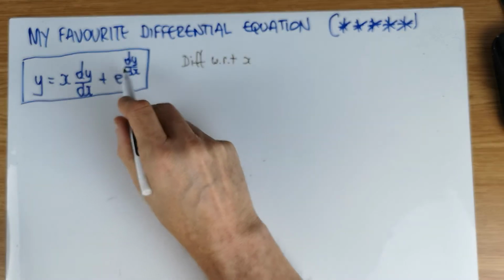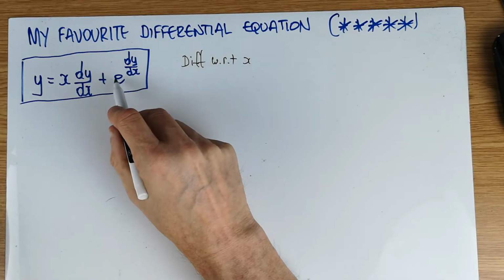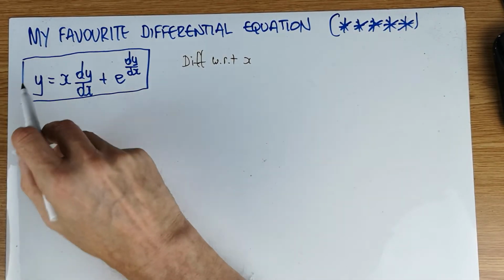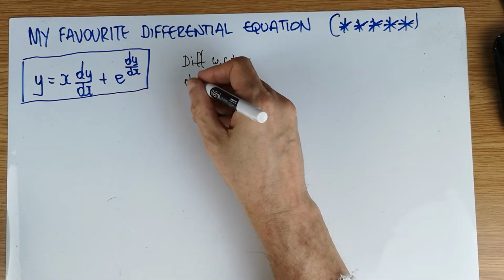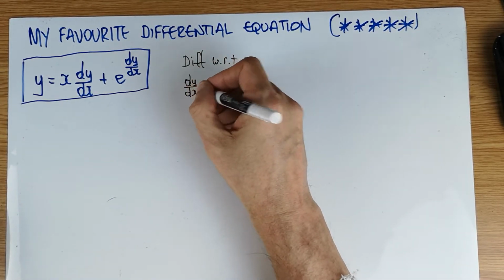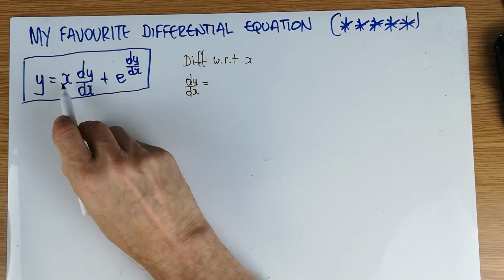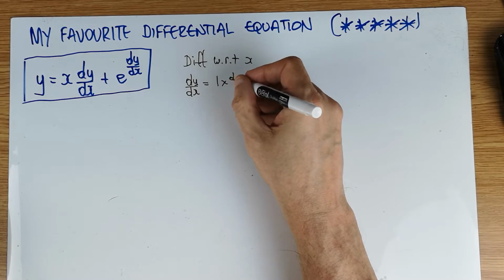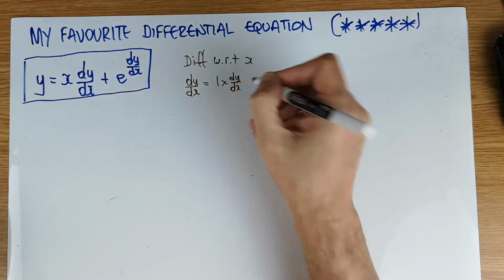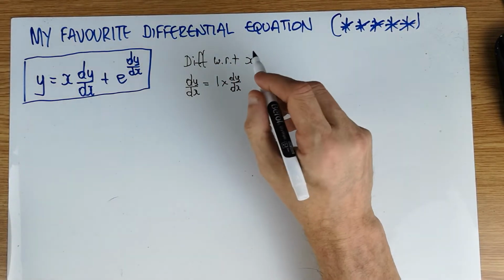First of all, observe what's going to happen when you're differentiating this term, and observe what's going to happen when you're differentiating this term. So dy by dx, remember I'm differentiating with respect to x. This is a product: differentiate the x, 1 times dy by dx, plus the other way around.